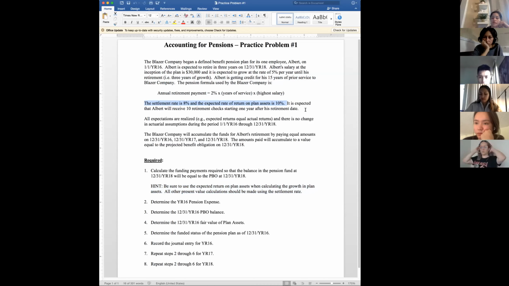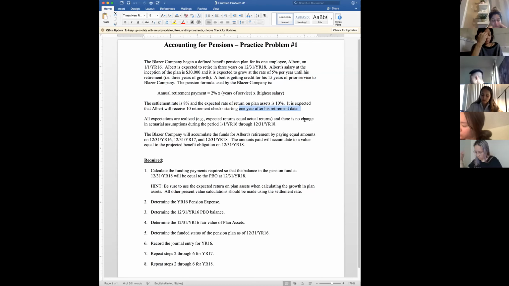Okay. It is expected that Albert will receive 10 retirement checks starting 1 year after his retirement. So 1 year after his retirement date, that's an ordinary annuity. The payment is made at the end of each year, and then Albert is getting 10 retirement checks. So we assume Albert will live 10 additional years after his retirement.